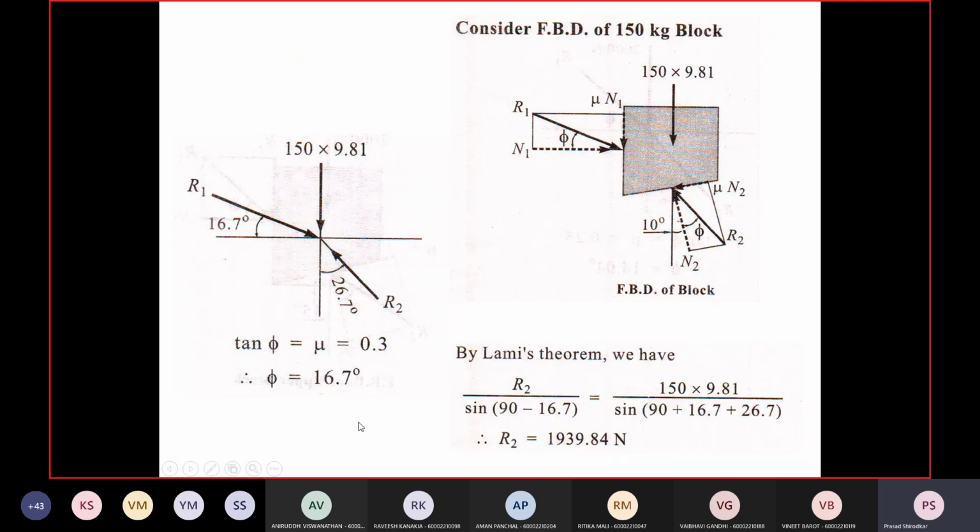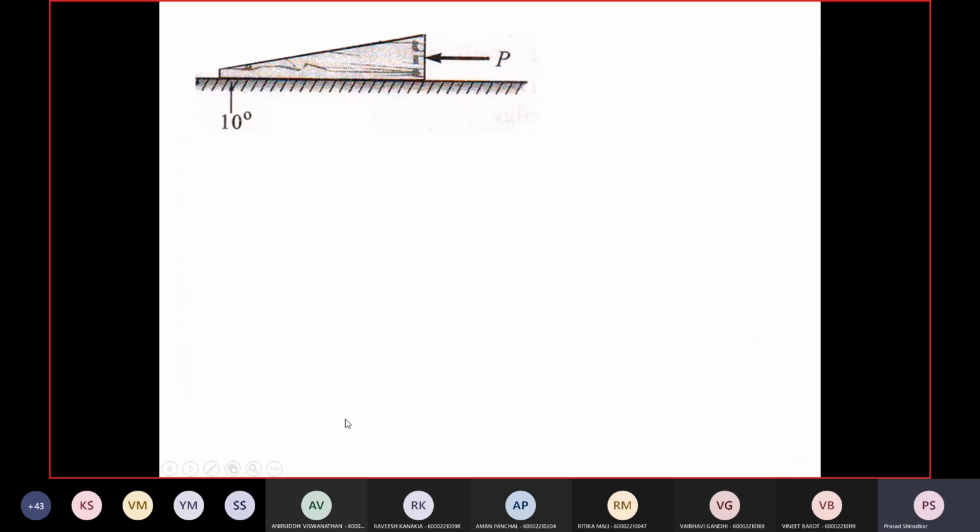Okay, R2 is 1939.84 newtons. Alright, so now let's do the calculation for P.